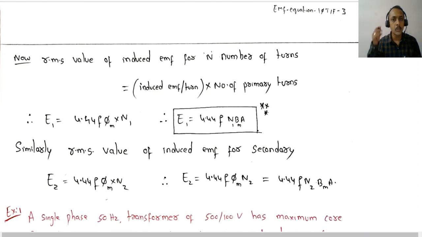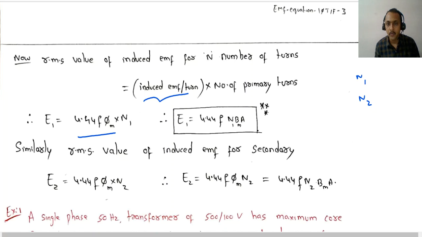Now coming to the RMS value of the induced voltage for N number of turns. The total number of turns, if it is primary, we have taken as N1, and if it is secondary, we have taken as N2. The total value will be the induced EMF per turn into the number of primary turns. Therefore, E1 equals 4.44 f phi m N1.